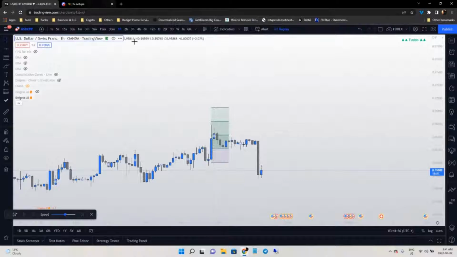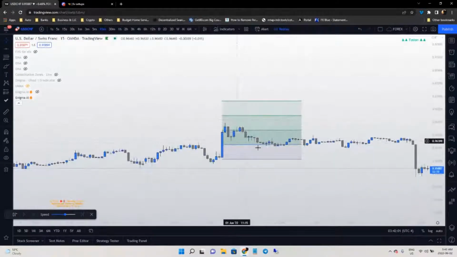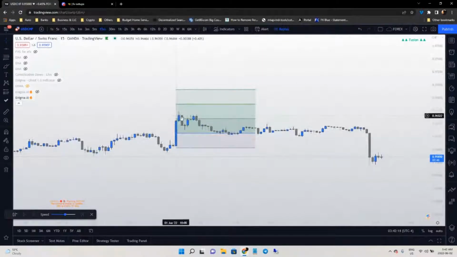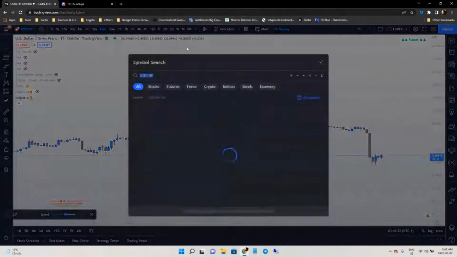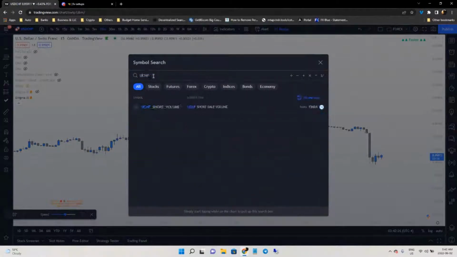Because this move, pretty sure if we go on the low time frame, I think it's a bigger imbalance here. Yeah. So something did affect the market here to go on the upside and then went nowhere. So that's good. Let's look at CAD.